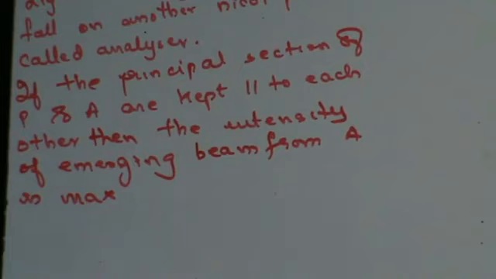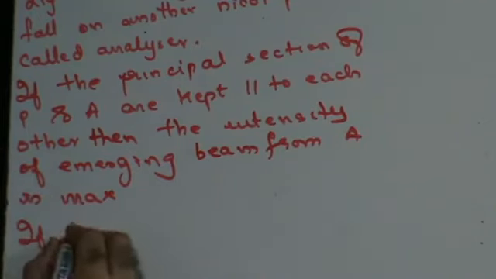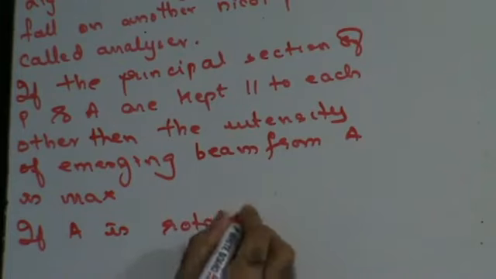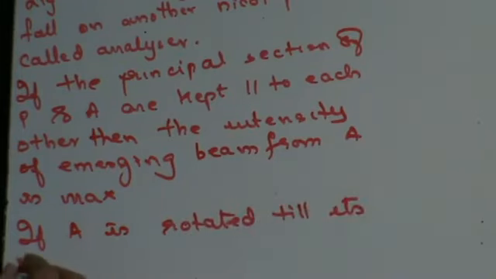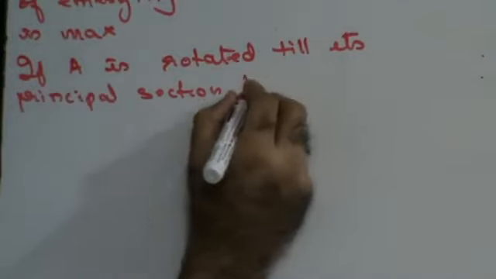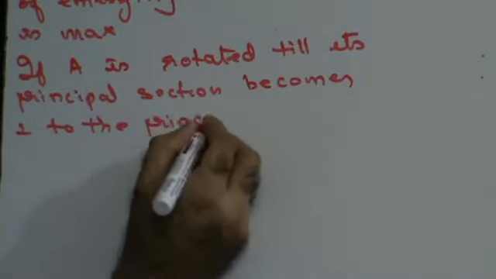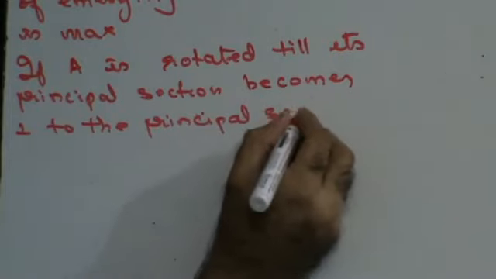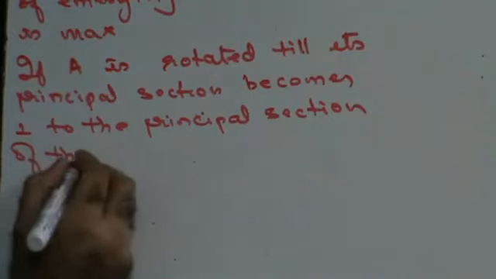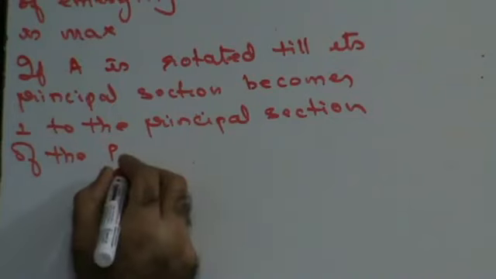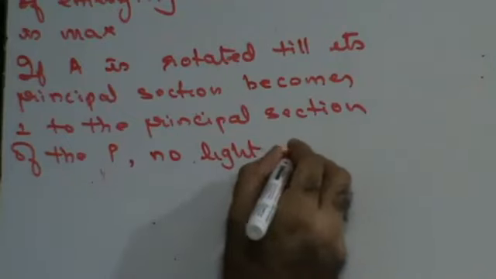Now if I rotate the analyzer, if the principal section of A is rotated till its principal section becomes perpendicular to the principal section of the polarizer, no light comes out from the analyzer.